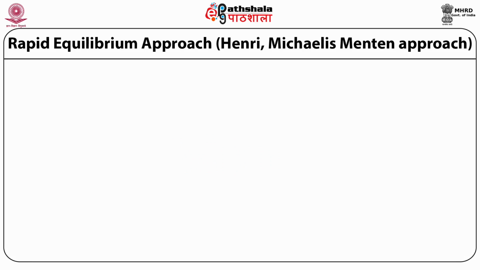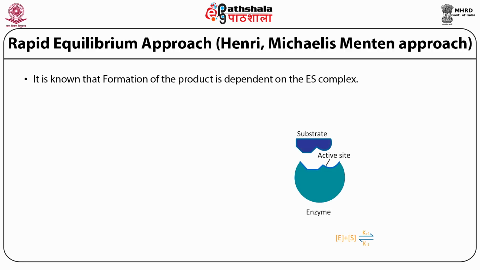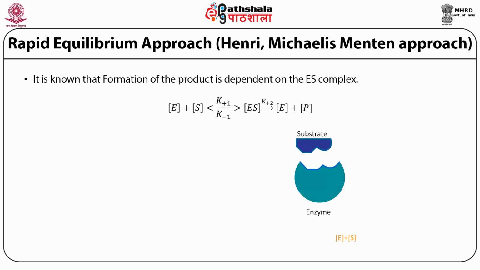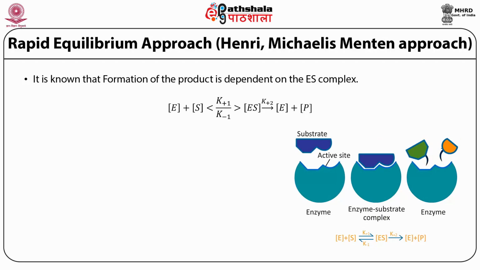The first approach of single substrate kinetics is the rapid equilibrium approach, which is also known as the Henri-Michaelis-Menten approach. In single substrate kinetics, the enzyme combines with the substrate producing the ES complex with the rate constant K plus 1, and the ES complex is converted into the product with the rate constant K plus 2.